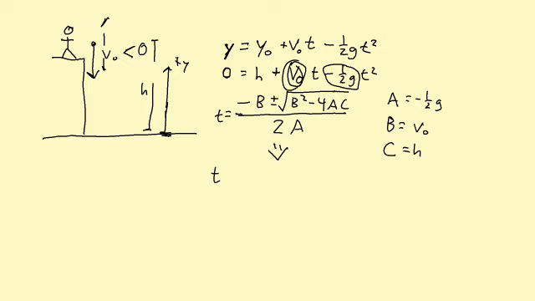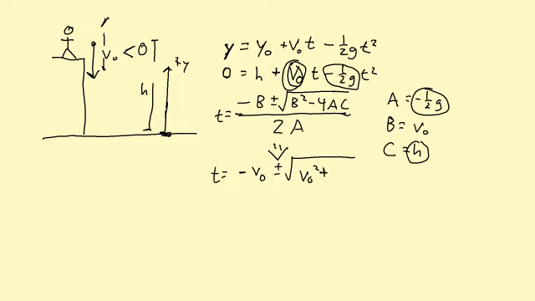Plugging all this in gives us t equals negative v naught plus or minus square root of v naught squared minus 4ac. Well, a is minus 1/2 g, so minus 4 times minus 1/2 g is actually going to be positive 2g, and then we have the h.